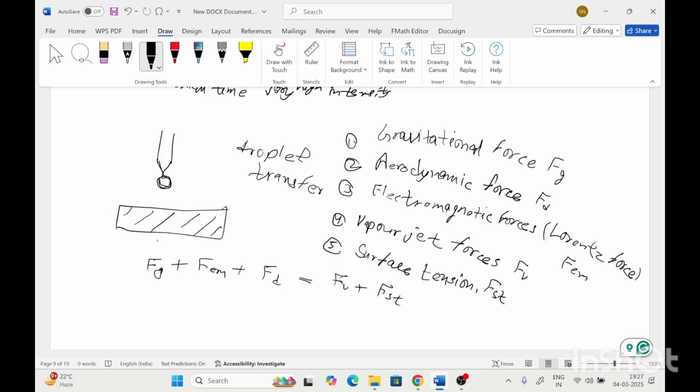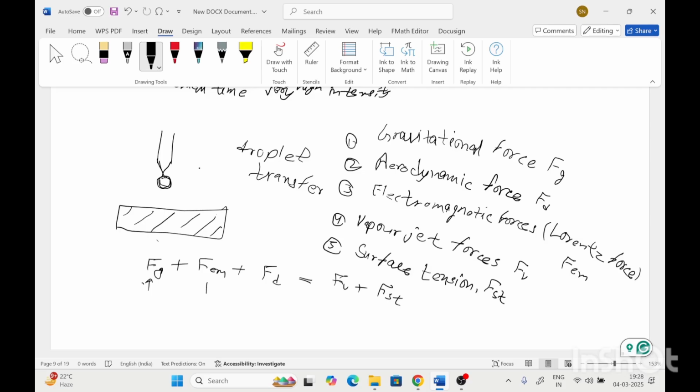As we know, the gravitational force only acts downwards. When the droplet weight reaches a level that the electrode cannot hold, because of the gravitational force the droplet will drop down to the workpiece. So the gravitational force assists the transfer of the droplet to the workpiece.